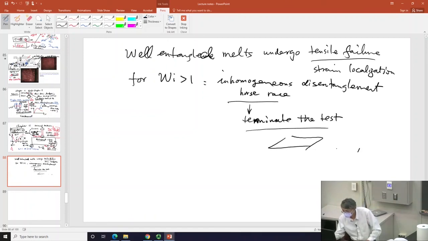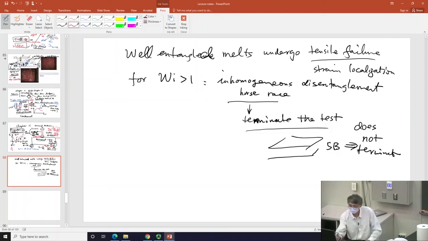If you recall, in the case of shear, you can have shear banding that does not terminate the experiment in shear. You just have one shear this much, the other one shear this much. They happily coexist.